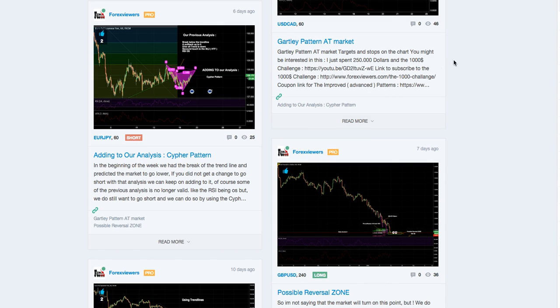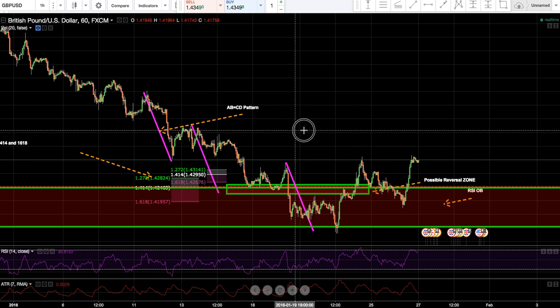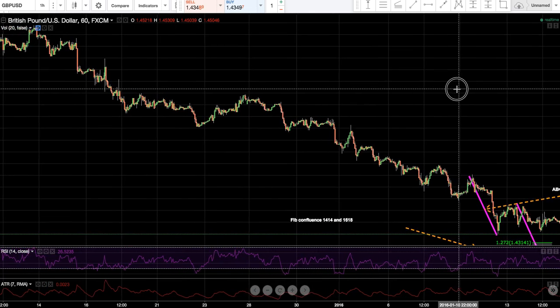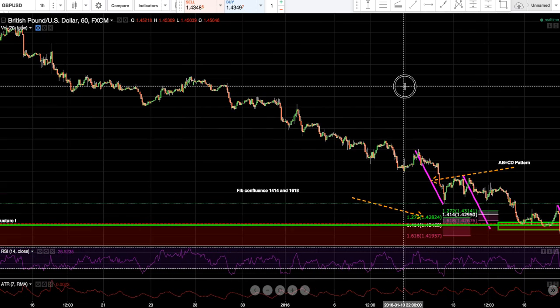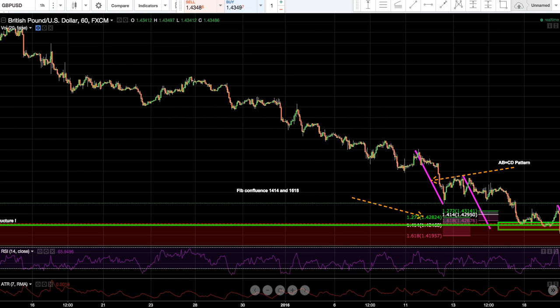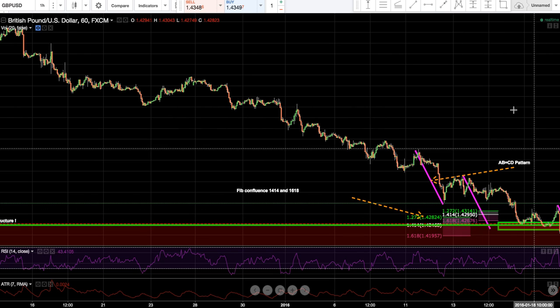So this is the trade, and it was looking something like this, right? We had the ABCD right here. As you can see, I drew in the ABCD, I drew in a possible reversal zone, and we had some fib confluence rounding that area.